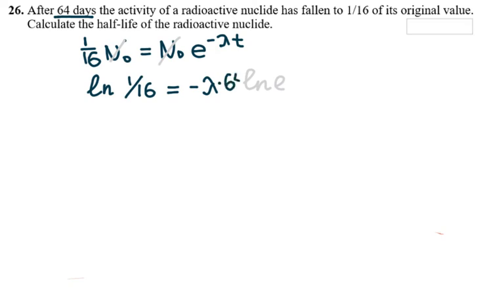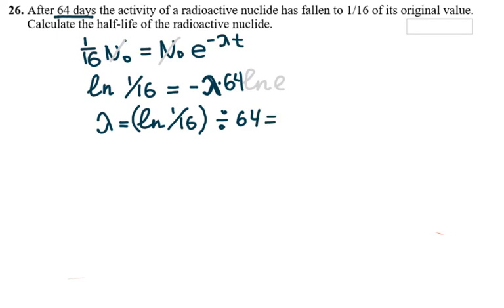So this one is 64. The result for lambda is going to be percent per day. So after this, lambda is equal to the natural log of 1/16, all of that divided by 64.